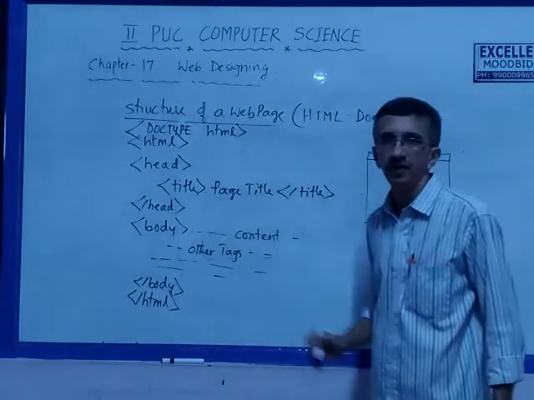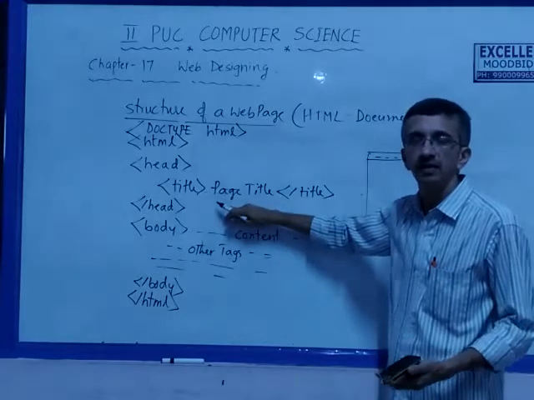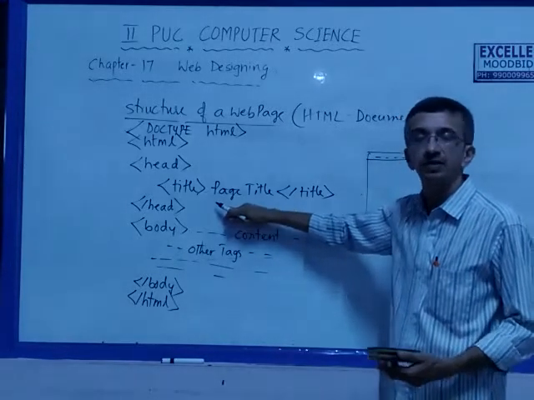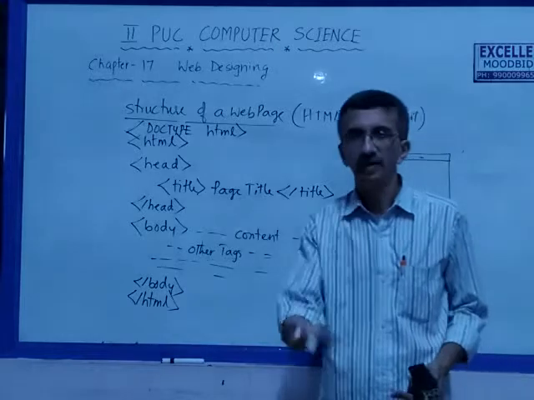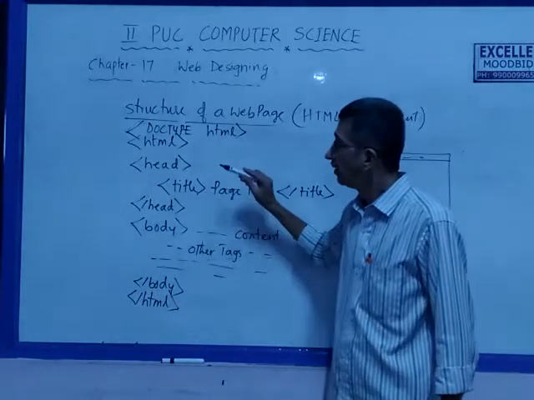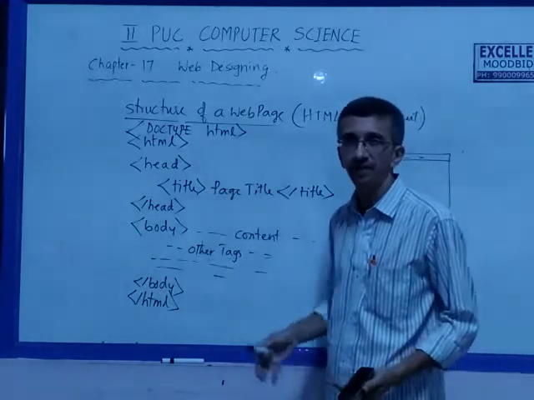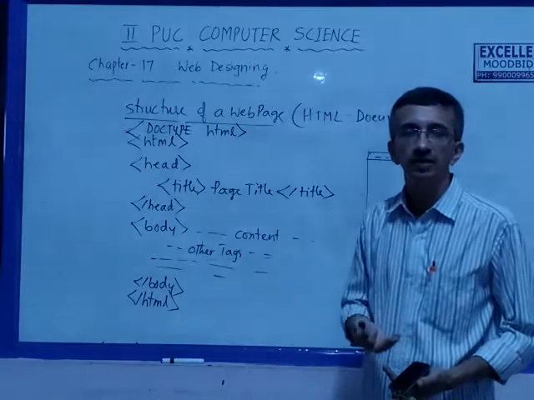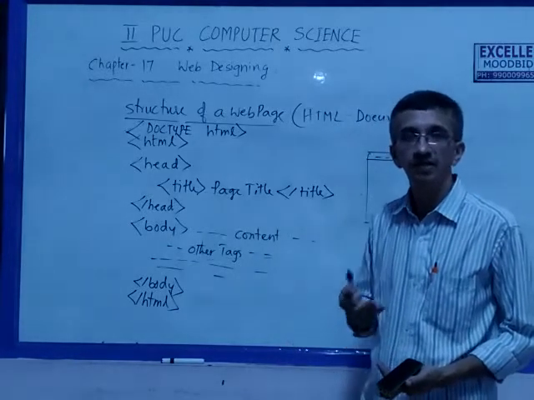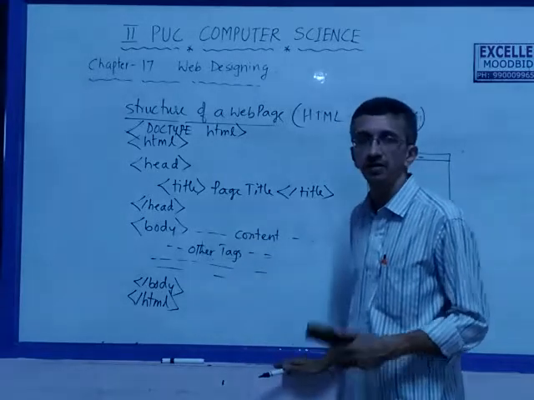Right? In the head, other than the title, we also include some other tags like the script tags. Web scripting comes later in the same chapter, the next section. Web scripting is required to make the web page more dynamic. VBScript, JavaScript or PHP, certain scripting languages are there which make the HTML structure more interactive.